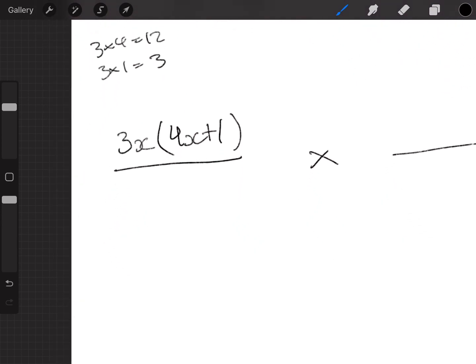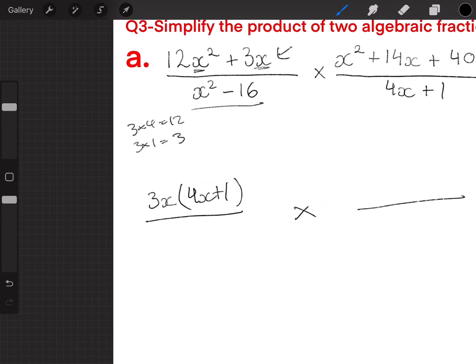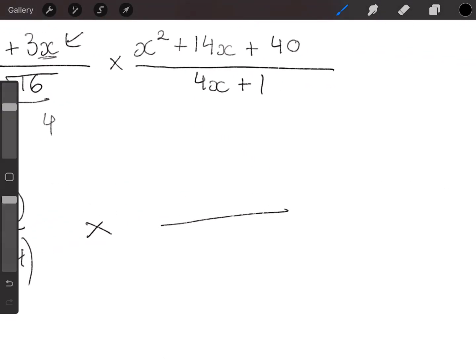The bottom part's quite simple. All we have to do is root each term, and it will have to have two brackets, each with x in both. One will be a positive and one will be a negative, and they'll both be 4 because 4 times 4 equals 16. Now 4x plus 1 is already factorized, so we can just add it as it is.